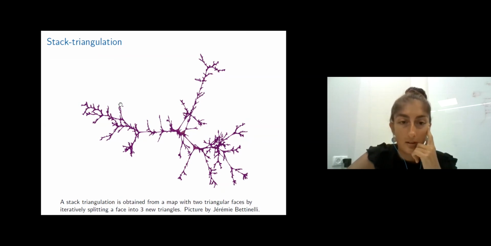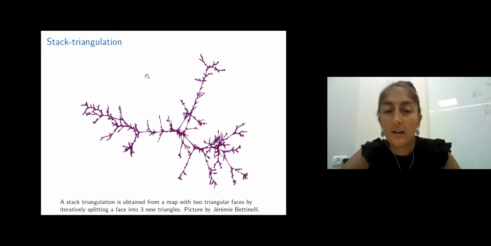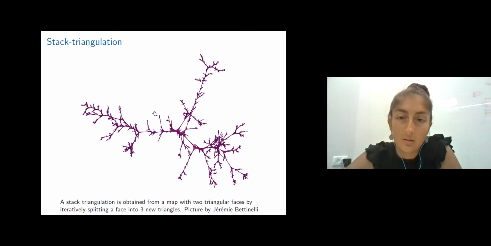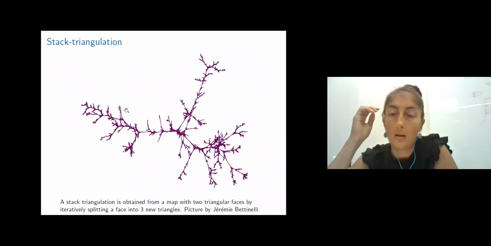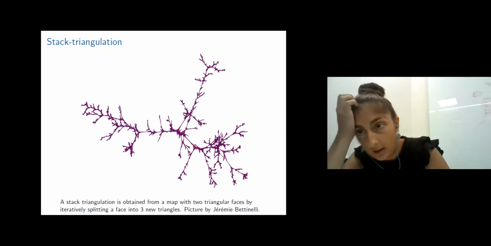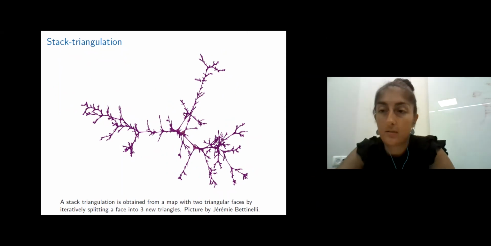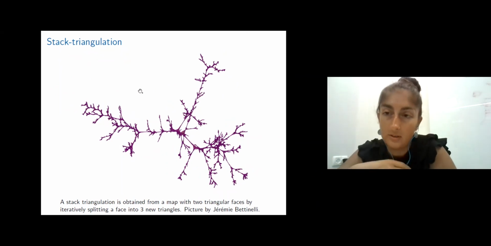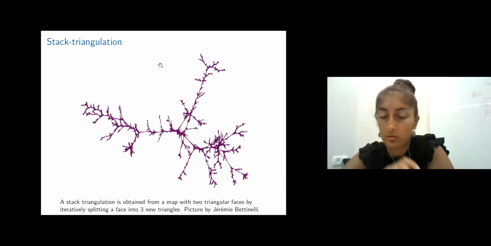And here's a simulation of what you get. And you can see here as well, actually, it looks a lot like a tree. It's not quite a tree, but it looks a lot like a tree. And it was also shown in a paper by Albenque and Marckert that if you take the right scaling limit, then in the right cases, you also get convergence to the CRT, the continuum random tree. So it also has nice tree properties.